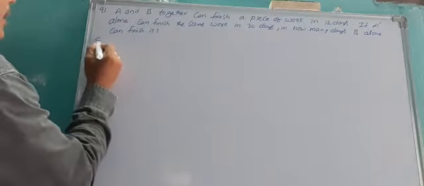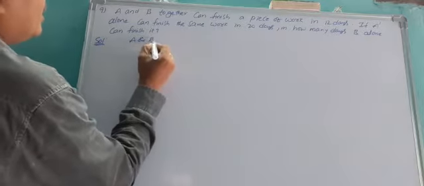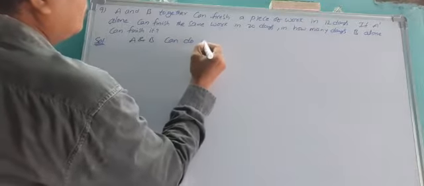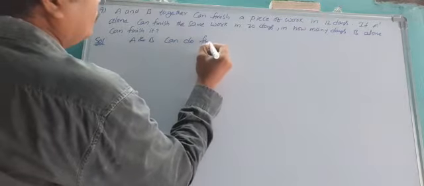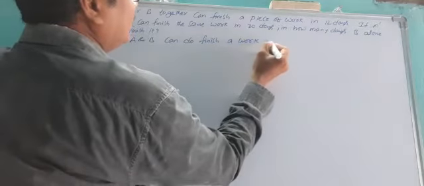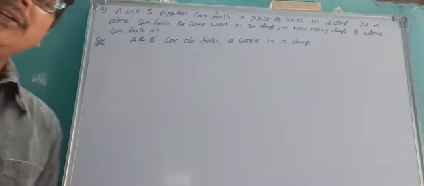Okay, solution. A and B together can finish a work in how many days? 12 days. So both of them can finish the work in 12 days.